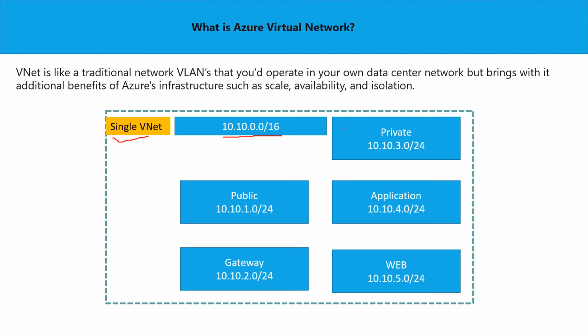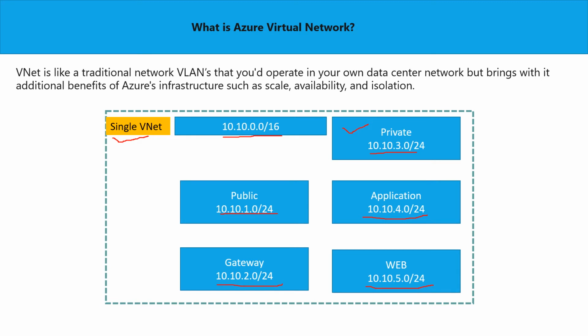My private range is going to be 10.10.3.0. My public range is going to be 10.10.1.0. My application subnet is going to be 10.10.4.0. I want to put my web application in 10.10.5.0, and my gateway subnet is going to be 10.10.2.0/24.